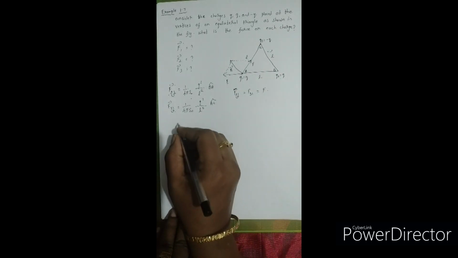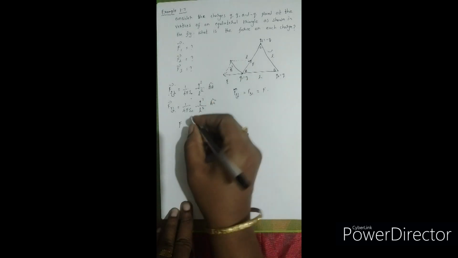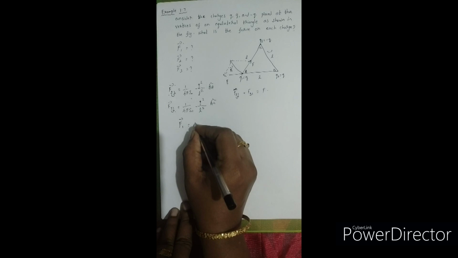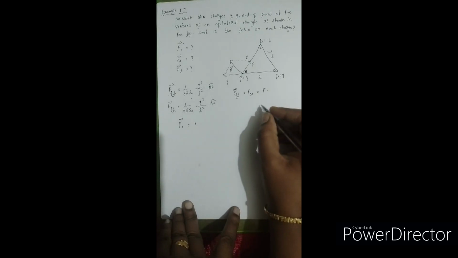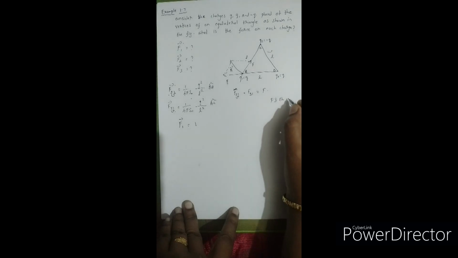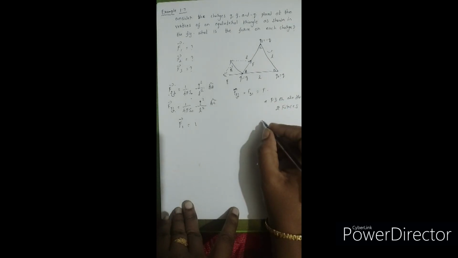So from the parallelogram law of vectors, what will be the resultant of these two forces? That is F1 vector will be equal to, hope you remember the formula children. So if P and Q are the two forces, then what was our resultant?